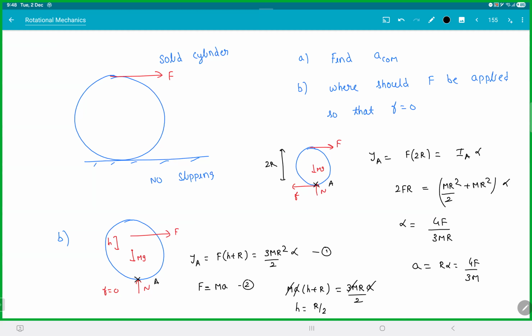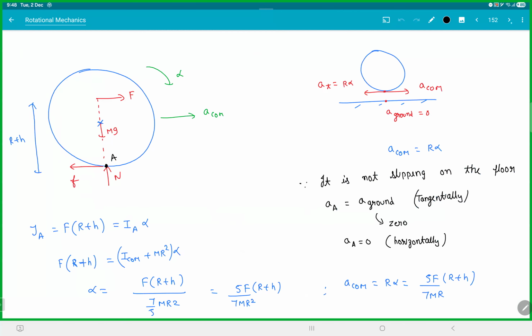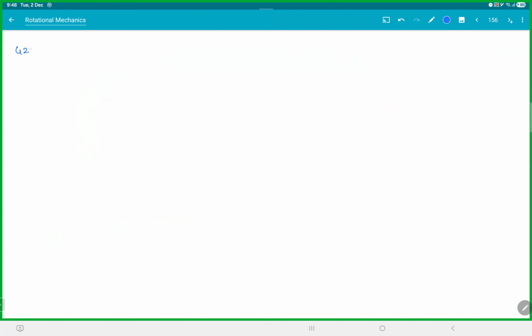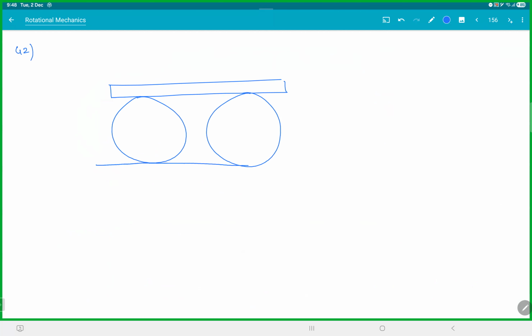Let's start off. Mass M, radius R, mass M, radius R. Solid cylinders. Let's say this is a hollow cylinder.